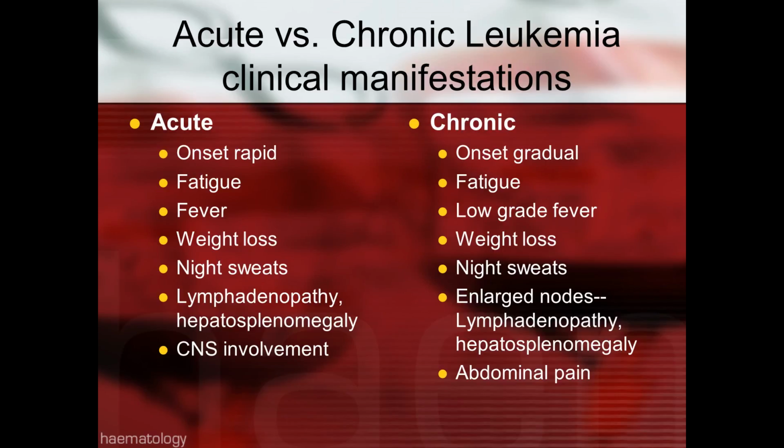But as it progresses, they begin to have lymph node enlargement, again, weight loss, night sweats, and fever. These often have more abdominal pain because by the time things have progressed, they are more likely to have hepatosplenomegaly. And then we'll see anemia and thrombocytopenia and all those things as well.